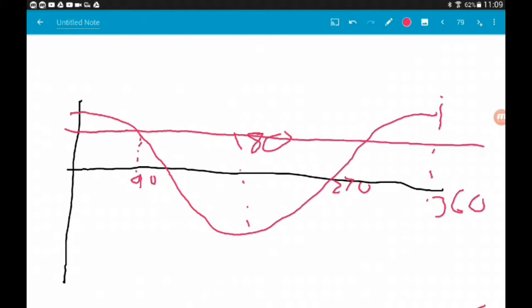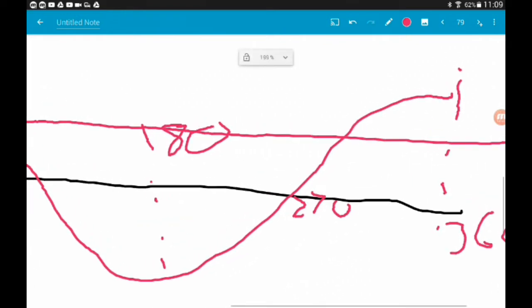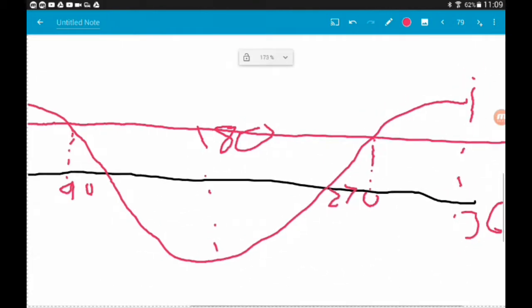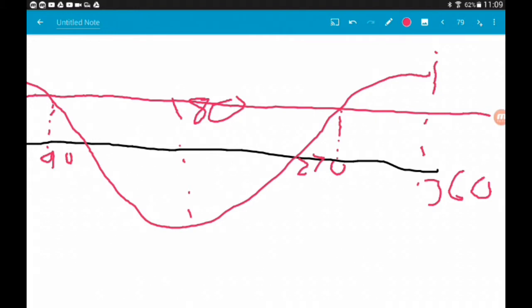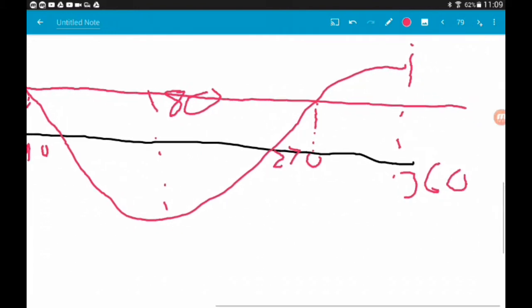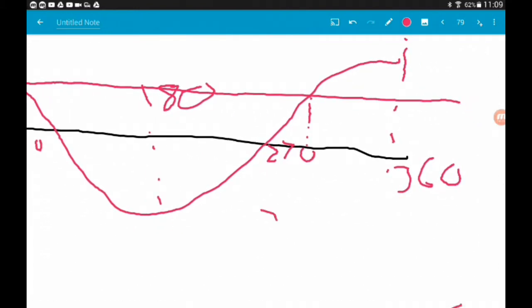We are finding where cos of theta hits the line y equals 1/3. So the other solution we want is this guy over here. Now by symmetry of the graph, this point is going to be 360 minus 70.5.